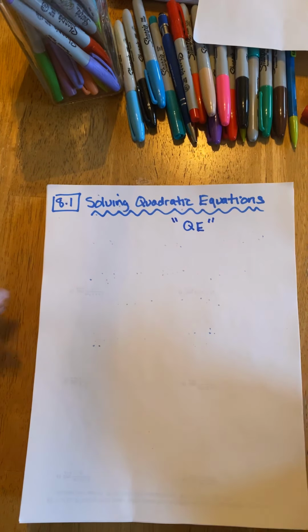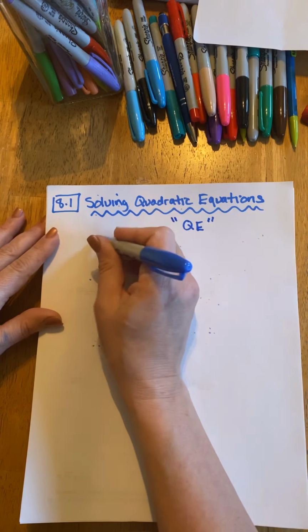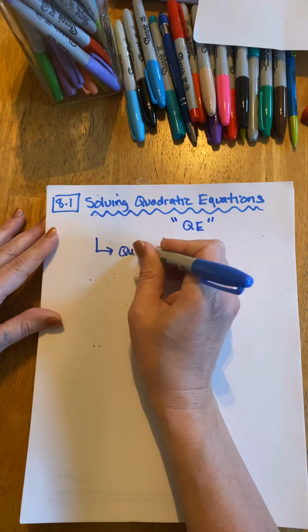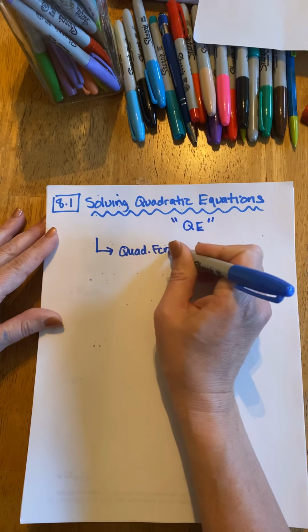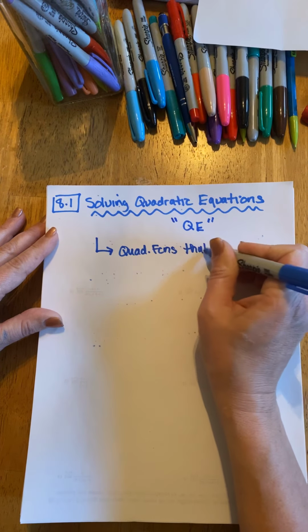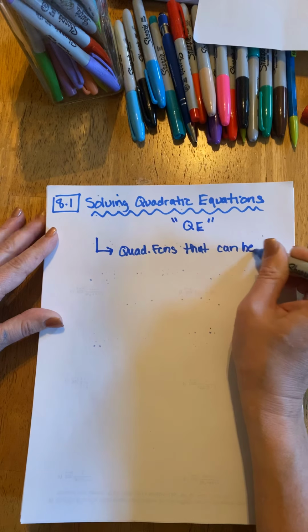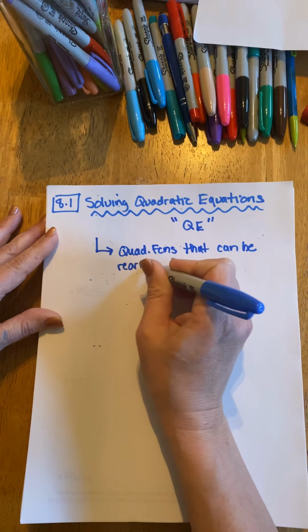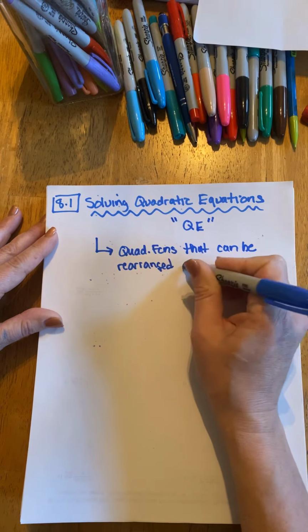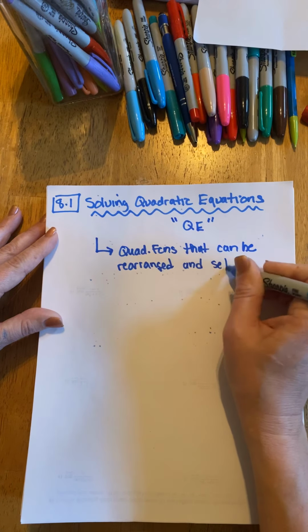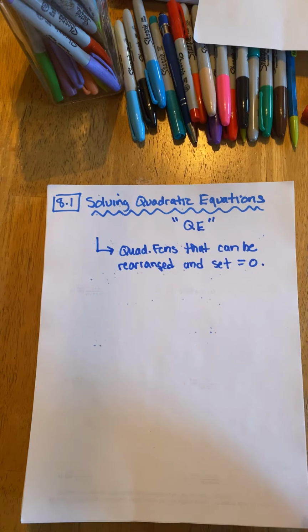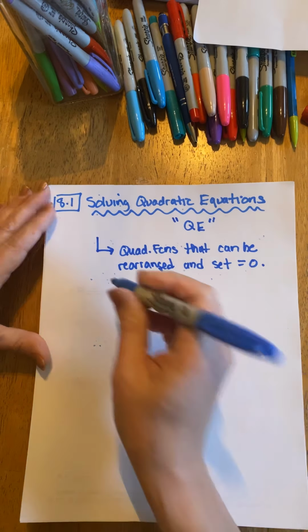So quadratic equations are quadratic functions that can be rearranged and set equal to 0. Now, we don't always set it equal to 0. It depends on the process we're using to solve.